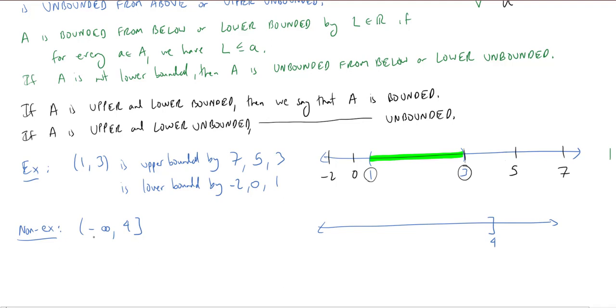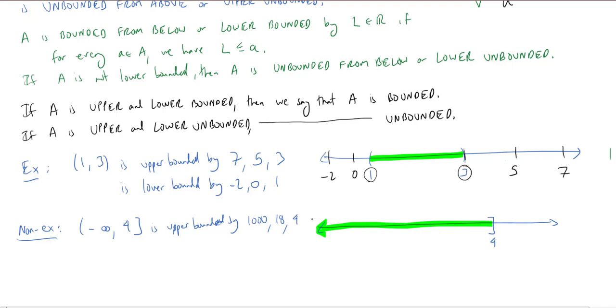But I'm going from -infinity to 4, so I just have everything, it goes on and on and on. So it is upper bounded by, well, you can pick whatever ones you want, like 1,000 or 18 or even 4.